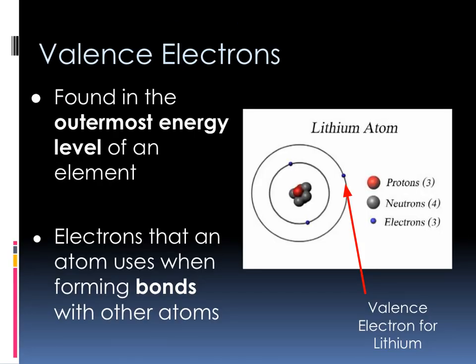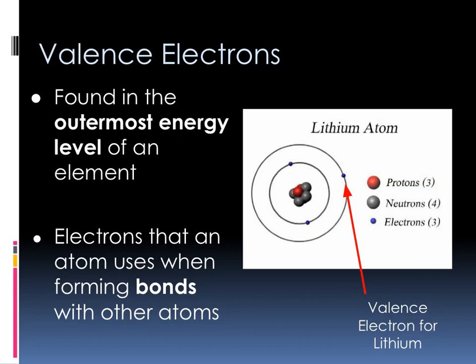I also wanted to throw it in here because we're going to start talking about it, but we will get into it more heavily later. The idea of the valence electrons: we said that electrons are found in the electron cloud. They are at set energy levels from the nucleus, so distances from the nucleus. The ones that are found at the outermost energy level, those are called the valence electrons.